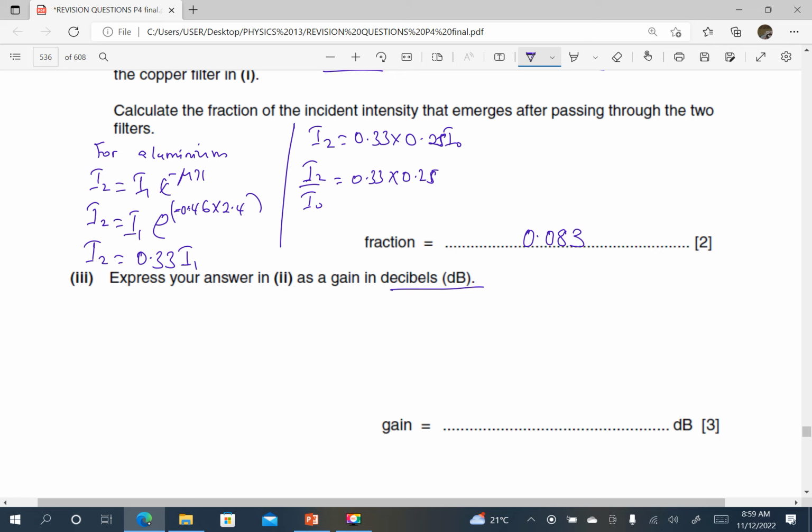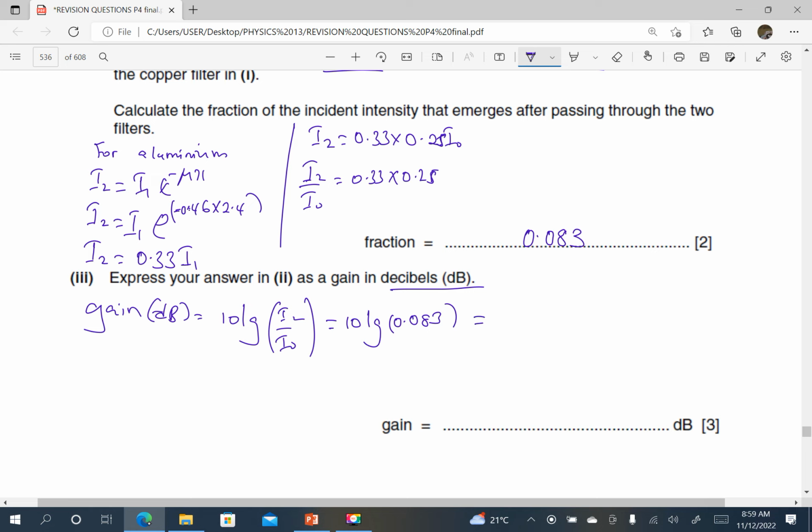Of course, decibels just simply means 10 log of that fraction. So gain in decibels is simply the same as 10 log of I2 over I naught, which is simply going to be 10 log of the fraction that we got, 0.083.